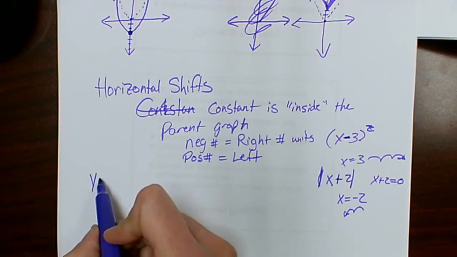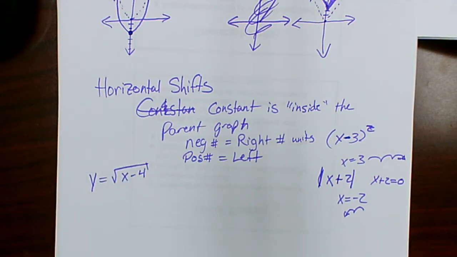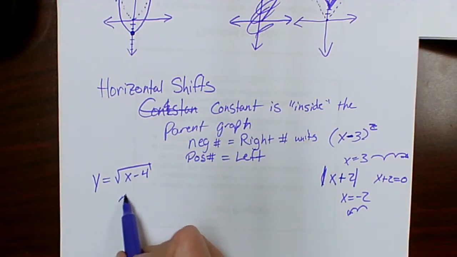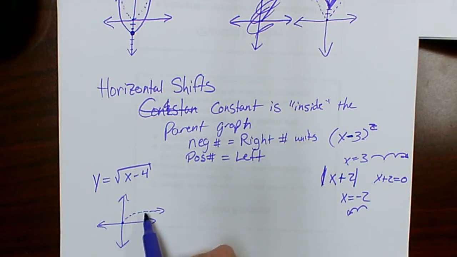So for instance, square root of x minus 4. The square root is a swoop, or 0, 0, 1, 1, 4, 2, 9, 3 for those if you want to accurately put in your points.